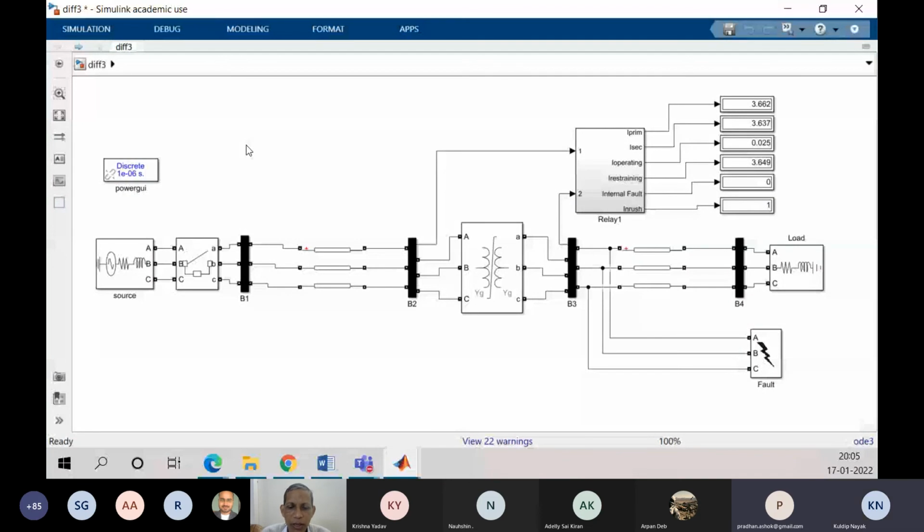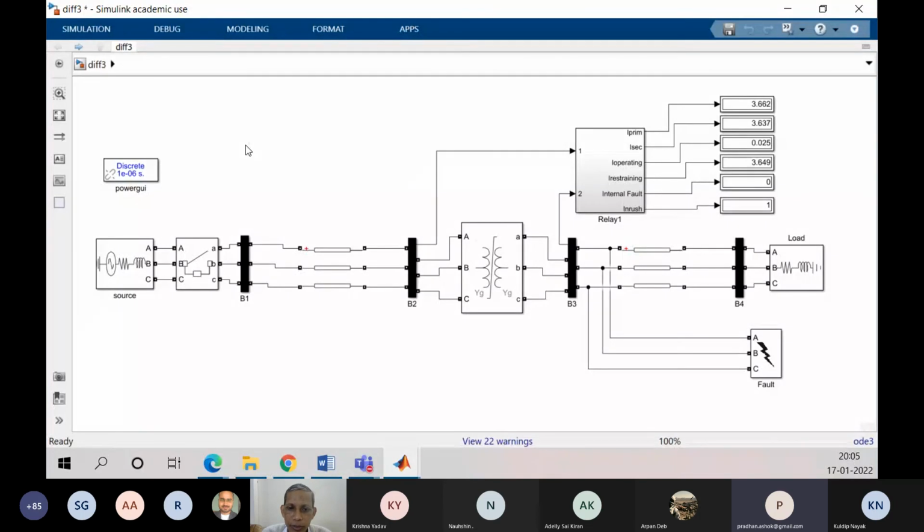We require percentage biased differential protection, but this biasing is provided by the restraining current, that is through current. I1 and I2 become very high for an external fault case, and therefore the restraint becomes more and more. Now CT saturation creates problems, so the slope towards the right of the curve becomes more, M2, and M2 should in general be greater than M1. And we verify the transformer characteristic in terms of that.